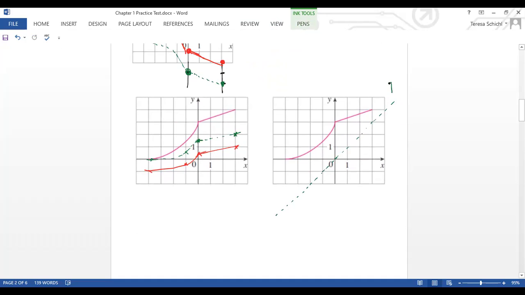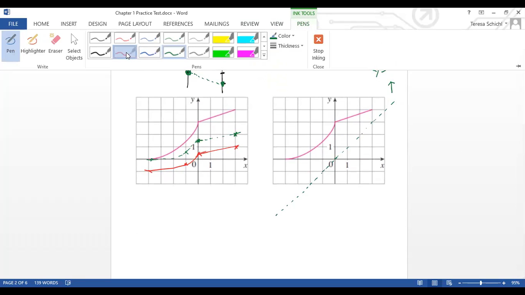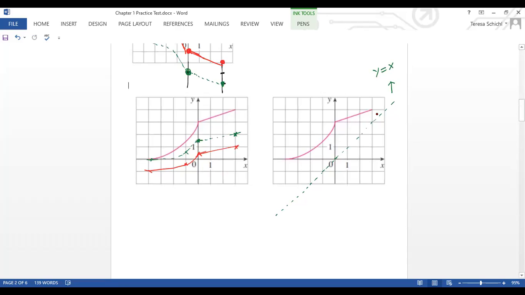This graph is supposed to reflect over y equals x. Okay, now let's take a look. How do I reflect it? So this point is kind of like perpendicular to here. So this point reflects to here, right? Because both of them have the same distance, correct?